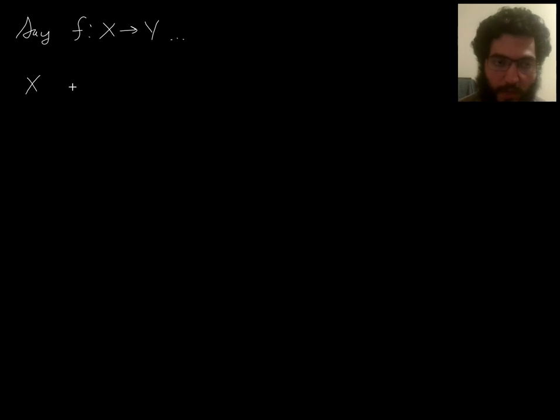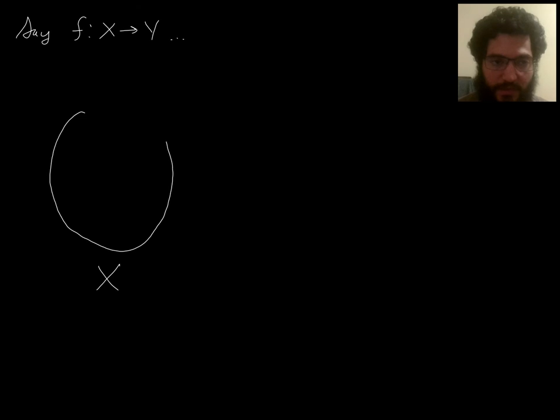Now, all I know about x and y is that they are things in set theory, so they are sets. So they have some elements, right? And often the way I visualize sets is as a container with the elements inside. So I think of these like dots in there.